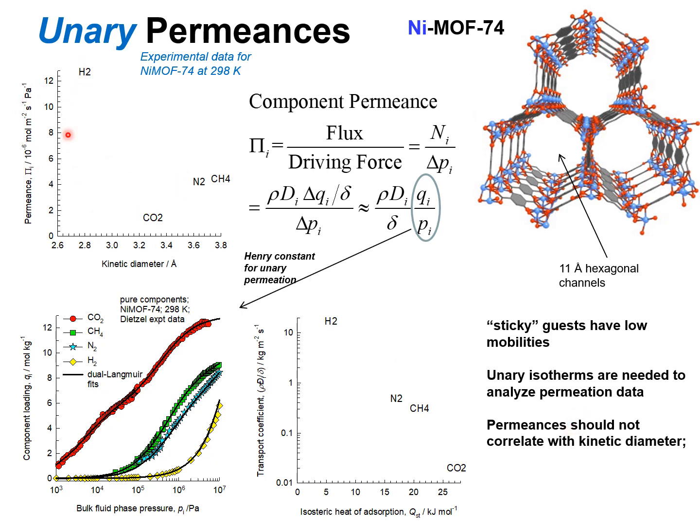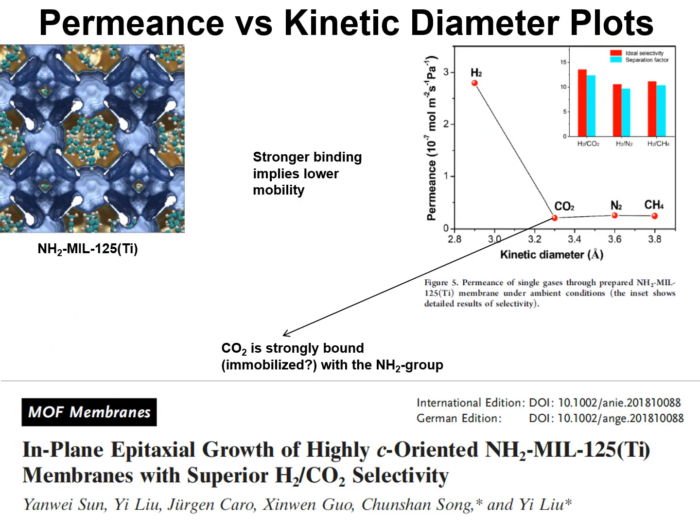Another example of a characteristic such as this is for NH2-MIL-125, where again CO2 shows a minimum in its permeance when plotted against the kinetic diameter. Another example to illustrate that sticky guests have low mobility is the data on the unary permeances for hydrogen, CO2, nitrogen, and methane in NH2-MIL-125 titanium.